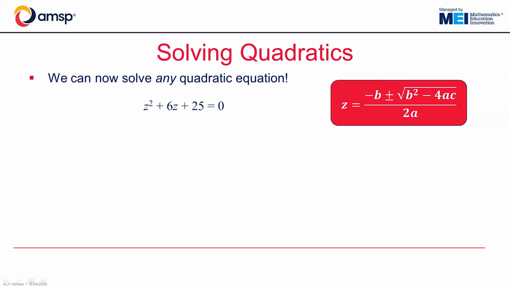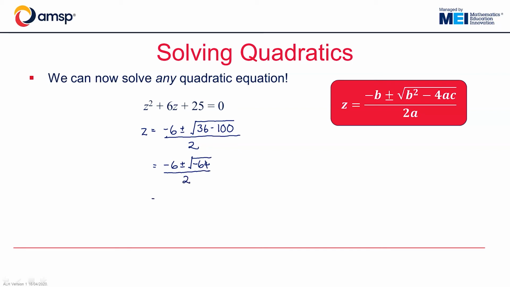OK, so using the quadratic formula, you get z equals minus 6 plus or minus the square root of 36 minus 4 times 25, which is 100, all over 2. And that simplifies to minus 6 plus or minus the square root of minus 64, all over 2.